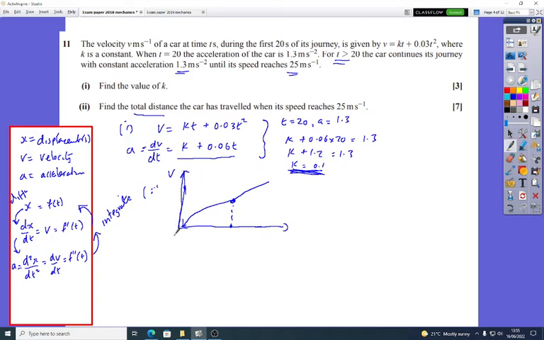So this is 0, and this is going to be 20 seconds, and then it will stop when this velocity hits 25. So at this point here, you can find out what the velocity is because we've got the velocity formula here.